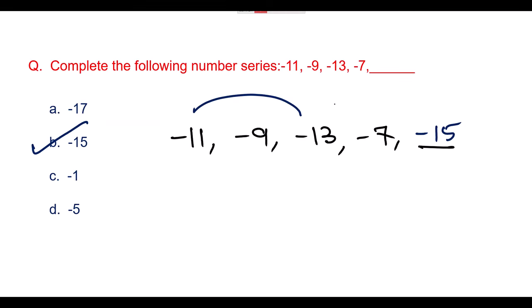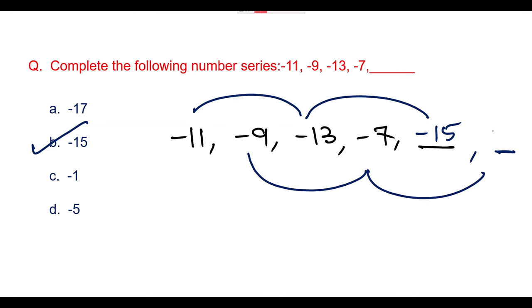Go for alternate numbers. 11, 13, 15. This will be 9, 7, 5. Alternate you go. That's why they given 5. 5 will be next number of this. Next is 5. But this is 11, 13, 15, 9, 7, 5. Alternate we can do.